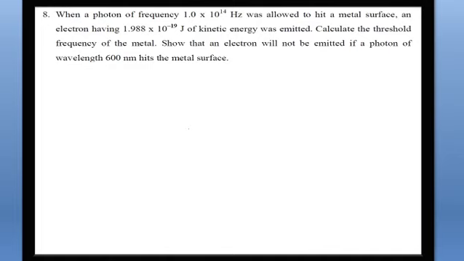Okay, let's try. Now the photoelectric equation that we have got is h nu is equal to h nu naught plus half mv square. So basically what we need is h nu naught, because what they have asked, calculate the threshold frequency or the critical frequency.